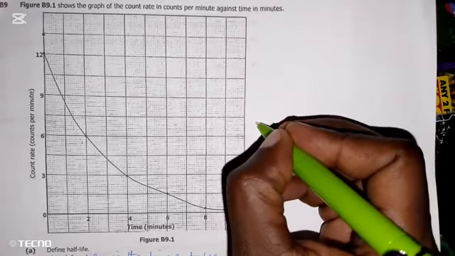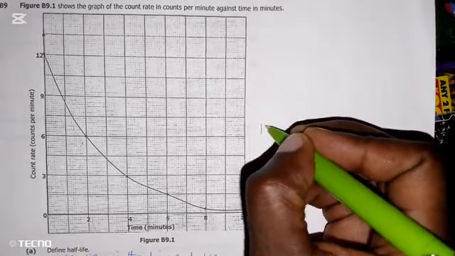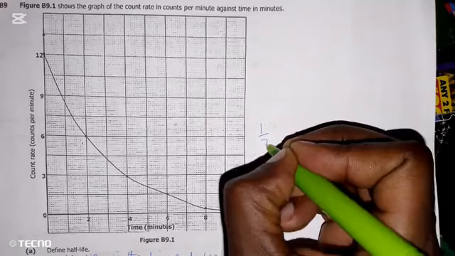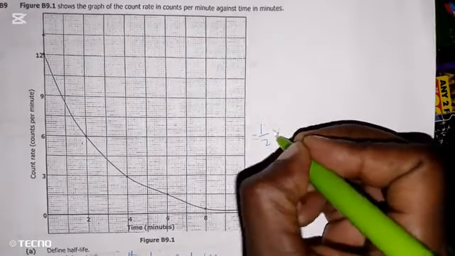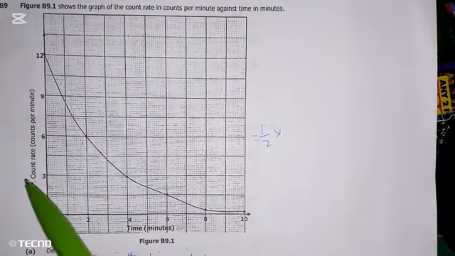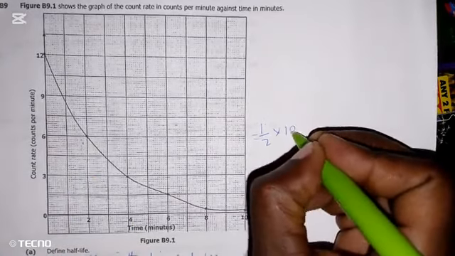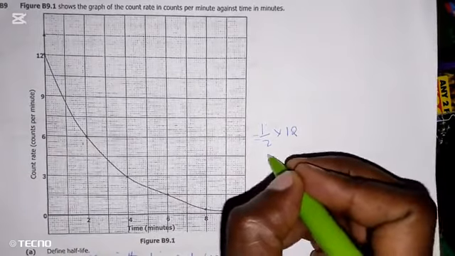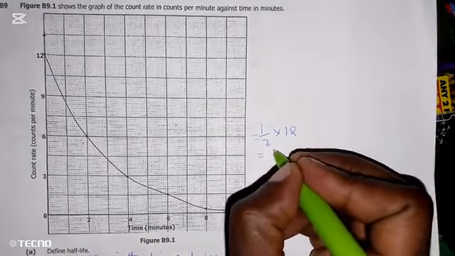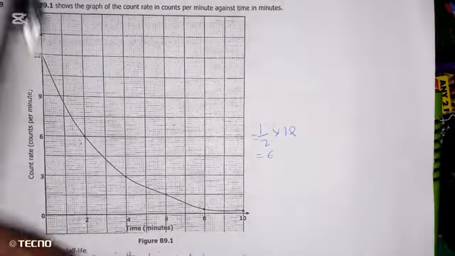The count rate goes from 0 up to 12, and half of 12 is 6. So you go where there is 6.